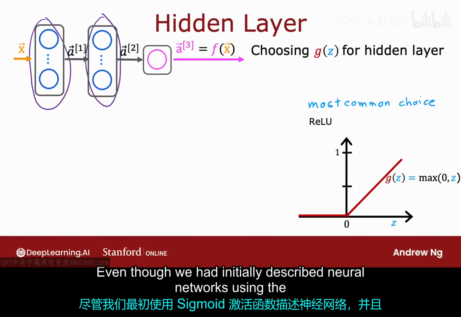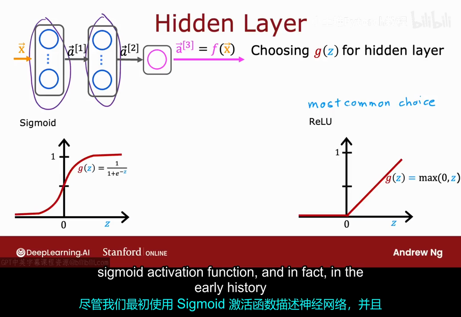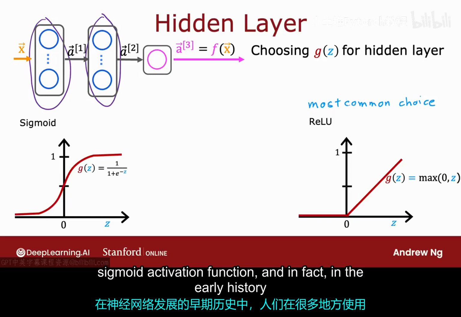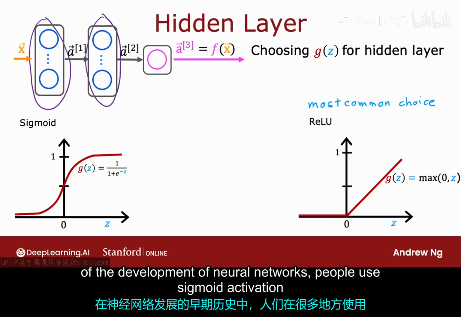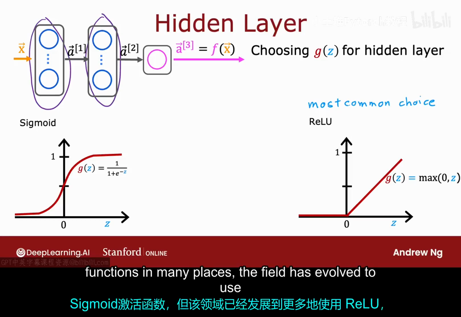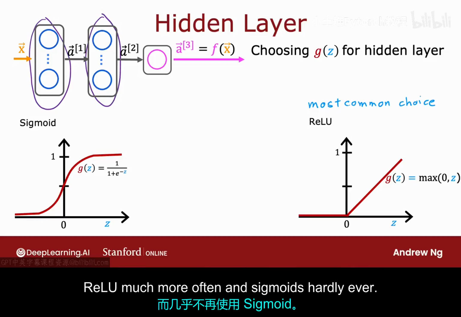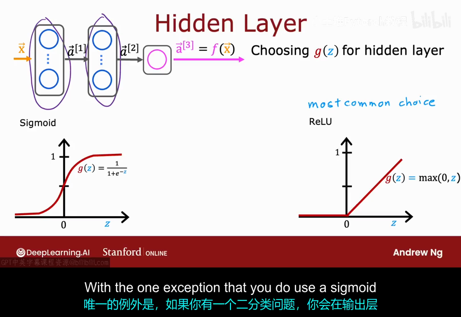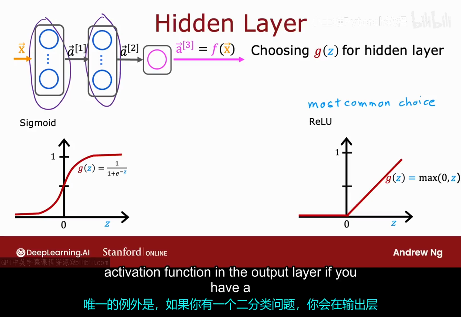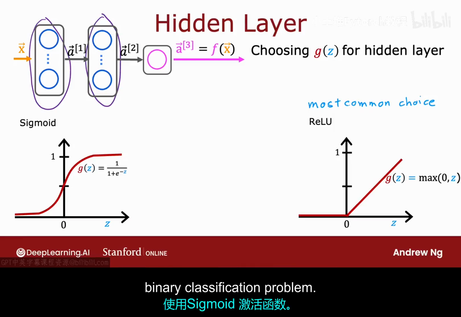Even though we had initially described neural networks using the sigmoid activation function, and in fact, in the early history of the development of neural networks, people used sigmoid activation functions in many places, the field has evolved to use ReLU much more often and sigmoids hardly ever. With the one exception that you do use a sigmoid activation function in the output layer if you have a binary classification problem. So why is that?